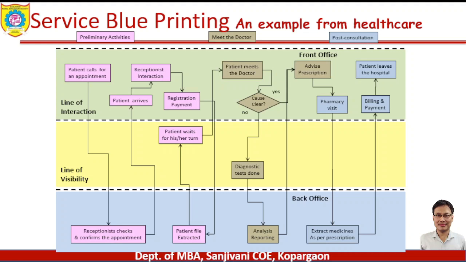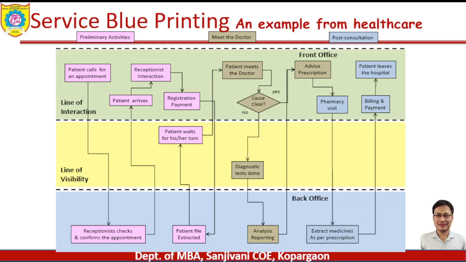see. It's below the line of visibility, and in this layer all the processes are carried out which are the backup or supporting activities in order to fulfill all the processes and steps which the customer goes through above the line of interaction.